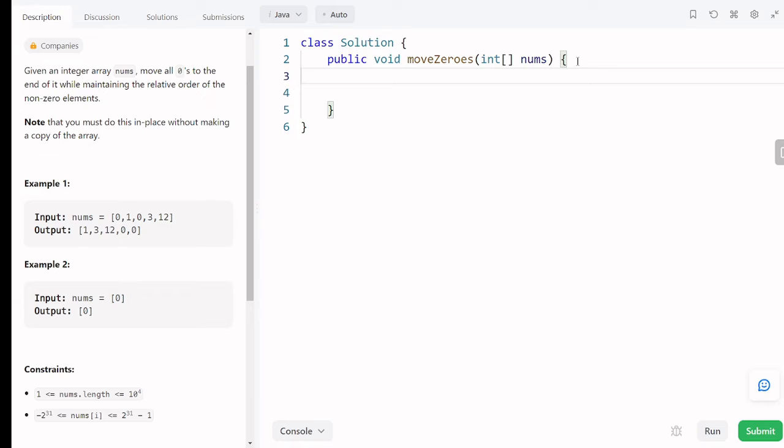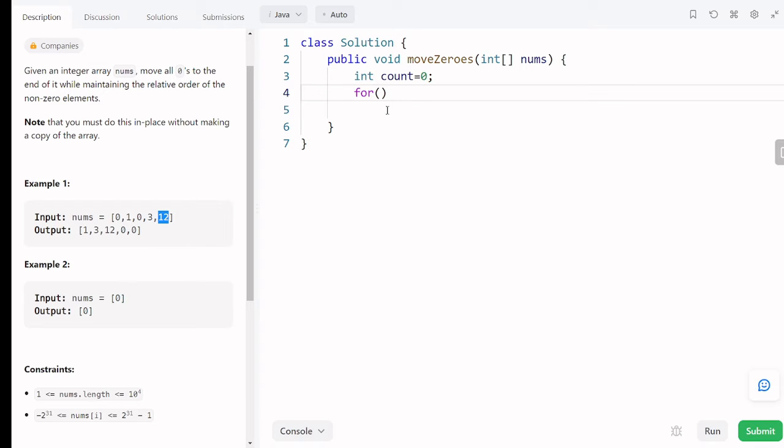Firstly I make an integer count, which will be 0. Actually, there is another approach: I don't count the zeros. Firstly I count the non-zero numbers 1 3 12, then after that I put the zeros at the last.